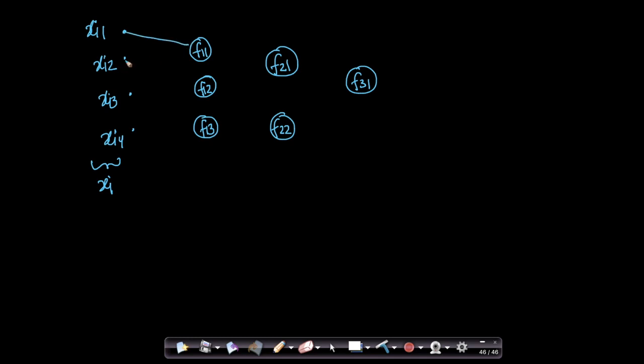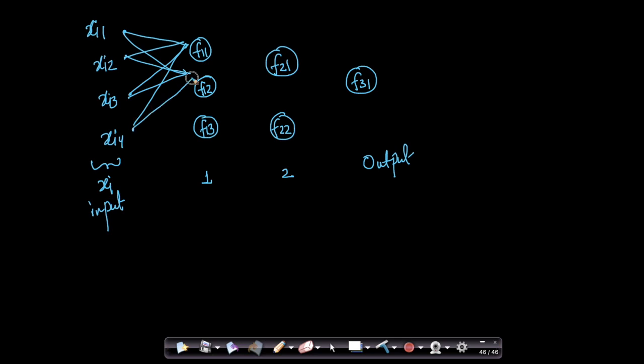Now all the inputs are connected here. Since there are four inputs and four neurons, this is layer 1. This is layer 2, this is my output layer, and this is my input layer. Here I have all four inputs connecting to my second neuron.